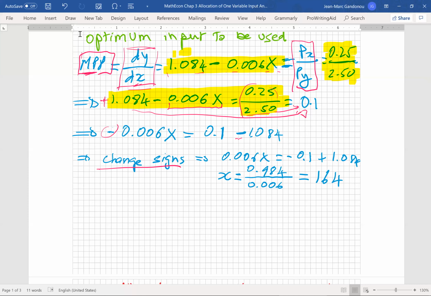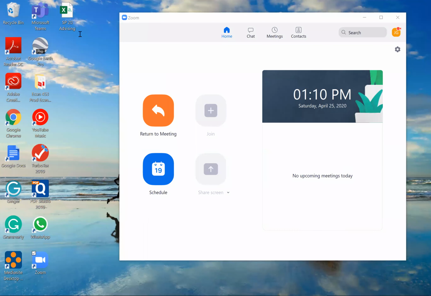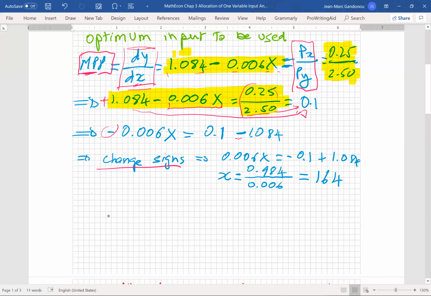So if I multiply by -1, then I'm going to have 0.006x, okay, equals minus 0.1 plus 1.084. Right? And so x equals that over 0.006.